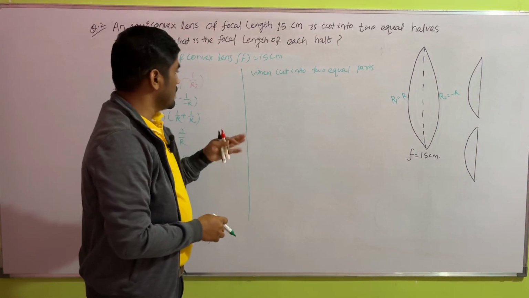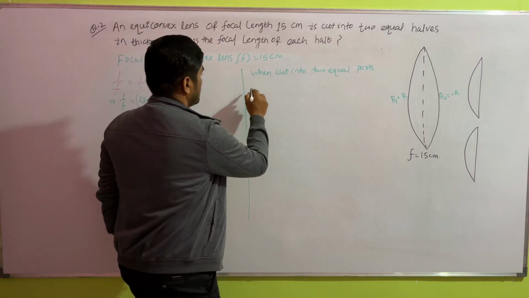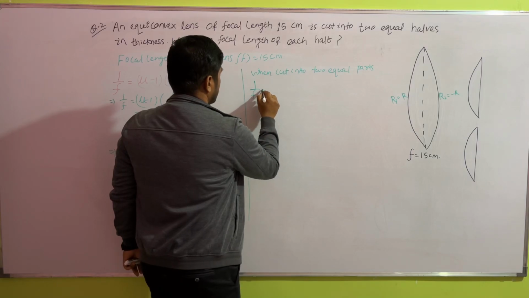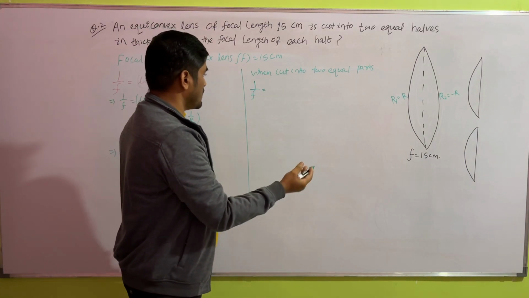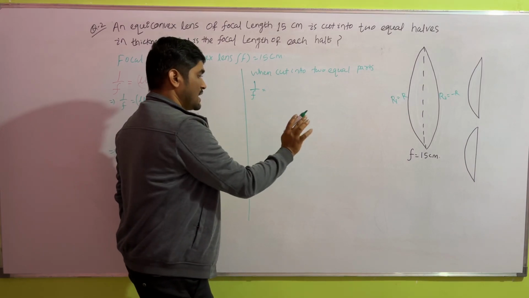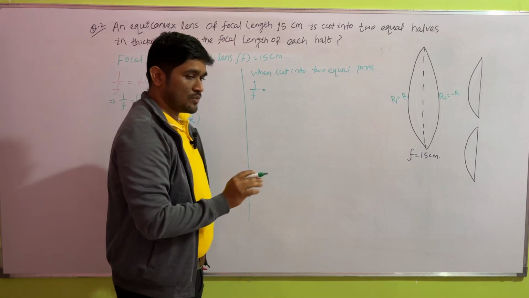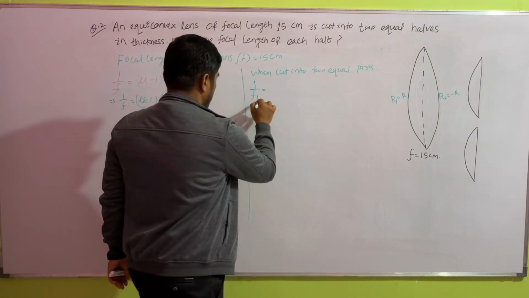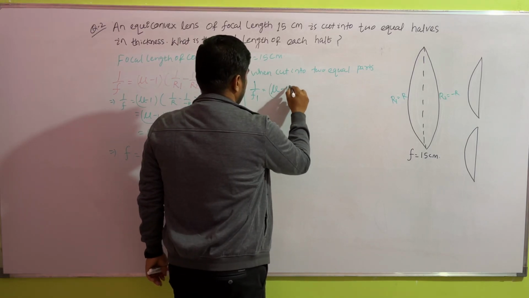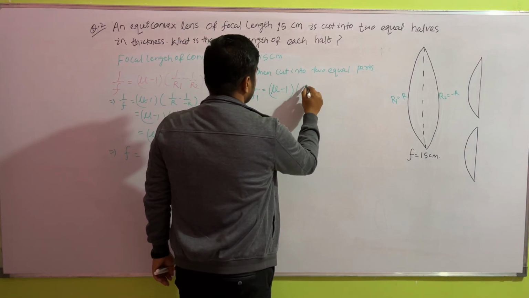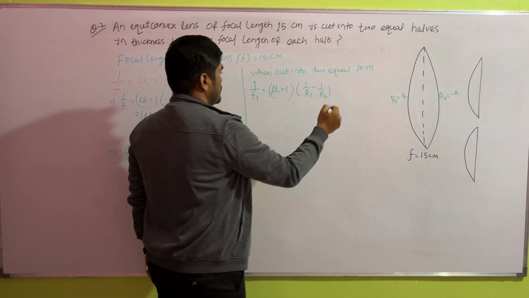Here also we have to use the lens maker's formula, 1 divided by f. Let the focal length for the first part be f1, and for the second part f2, and both are equal, so you can write 1 divided by f1 equals mu minus 1 into 1 divided by r1 minus 1 divided by r2.